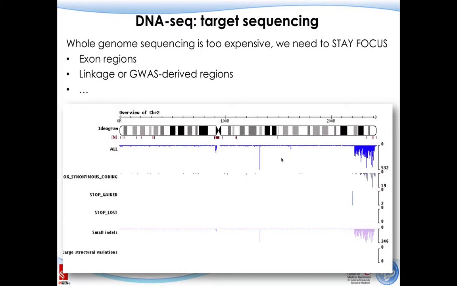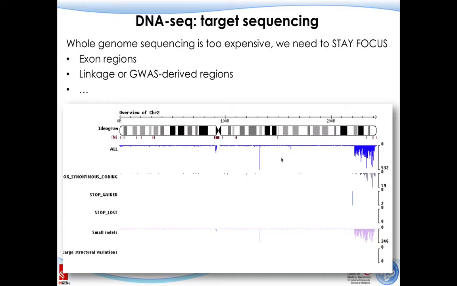Depending on the platform, the cost of whole exome sequencing is about $350 to $600, so it's becoming very affordable. And there are also some studies that are not targeting the exome regions. Rather, they focus only on a region of the genome that people already know is associated with a certain disease.